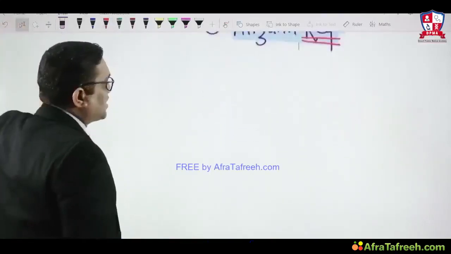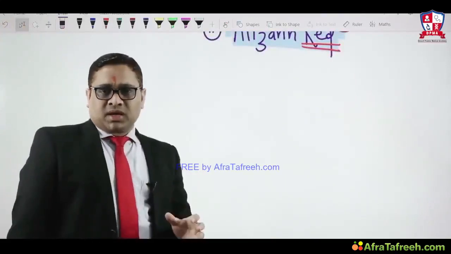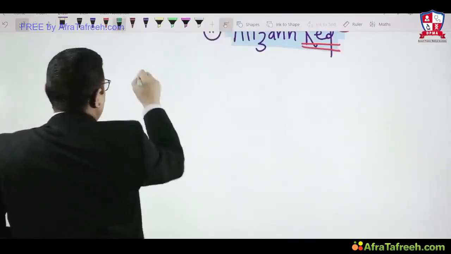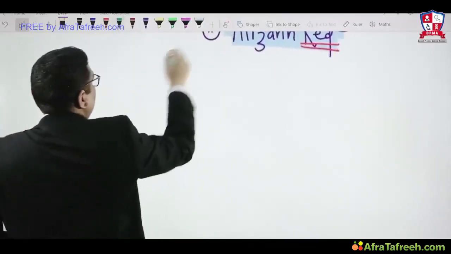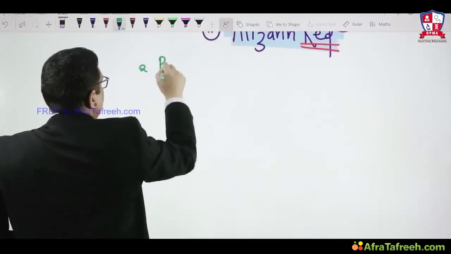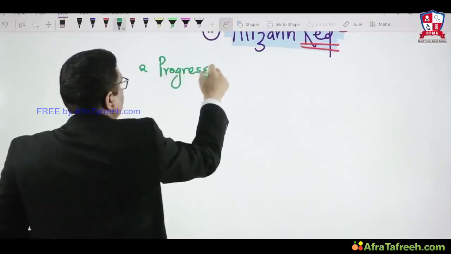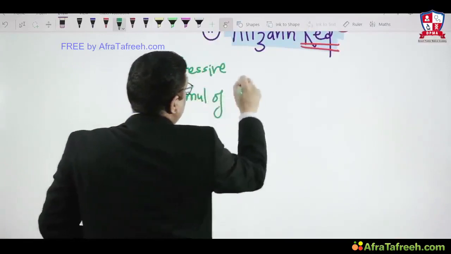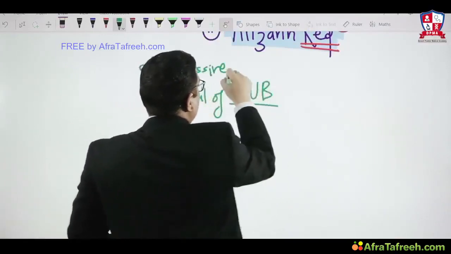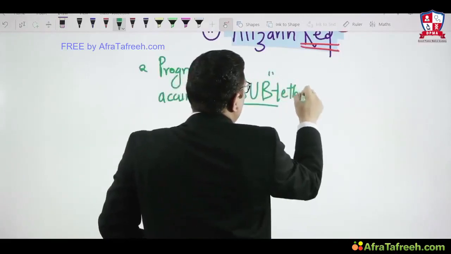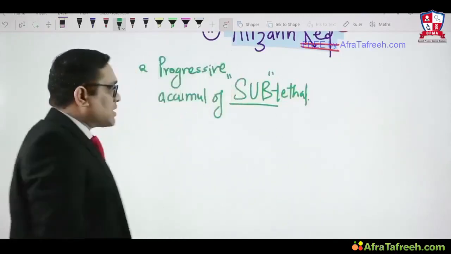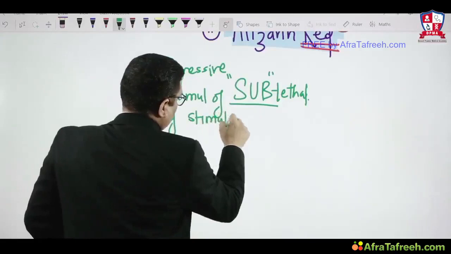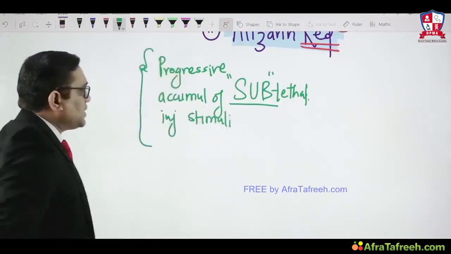If you remember, when we started the cellular adaptation and injury chapter, we started with cellular responses, and we had mentioned one statement: progressive accumulation of sublethal, this is very important, it was not lethal, sublethal injurious stimuli. So this is the progressive and persistent sublethal stimuli.